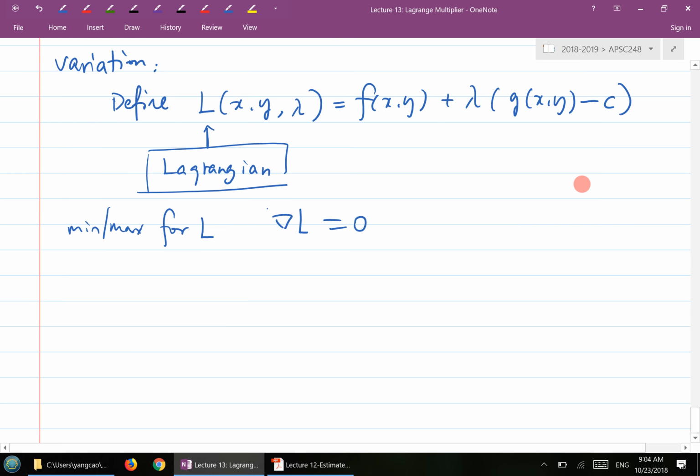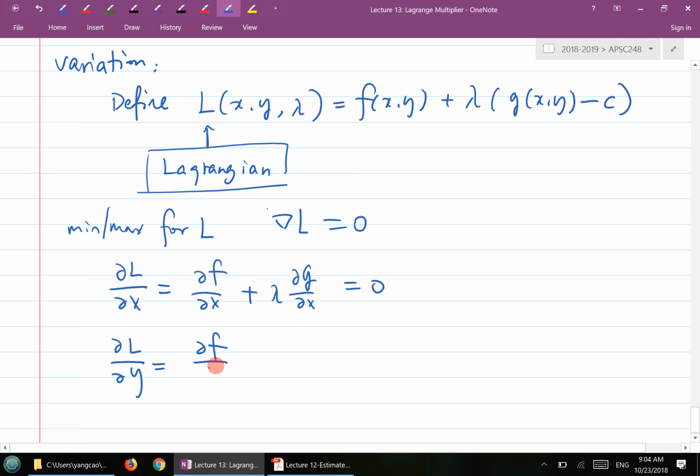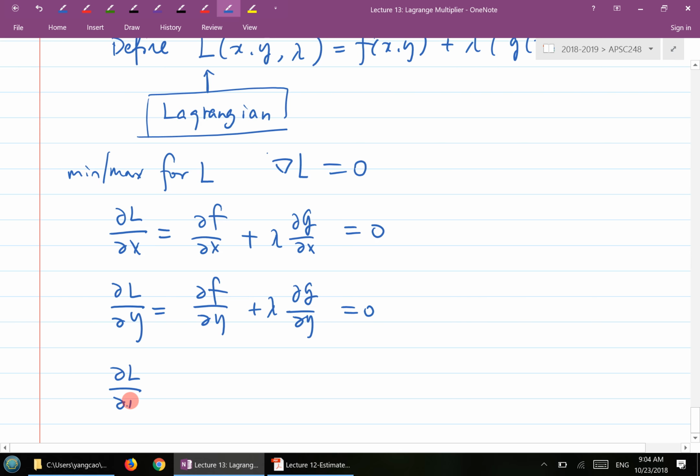Partial L over partial x, here's the L, gives us partial f over partial x plus lambda times partial g over partial x, and that equals 0. And the partial L over partial y will be this one here. And then partial L over partial lambda gives us g of xy minus c equal to 0.